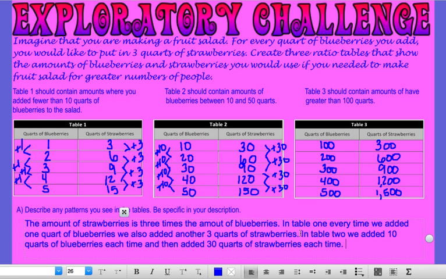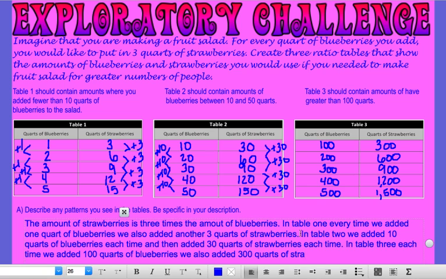And then we can say kind of the same thing for table 3. In table 3, each time we added 100 quarts of blueberries. We also added 300 quarts of strawberries.